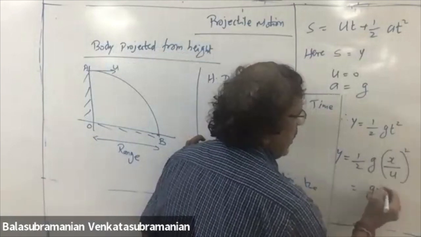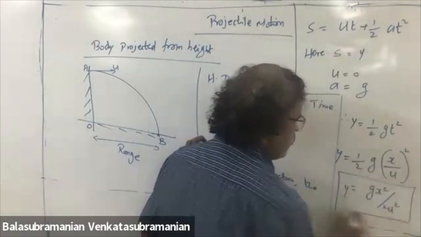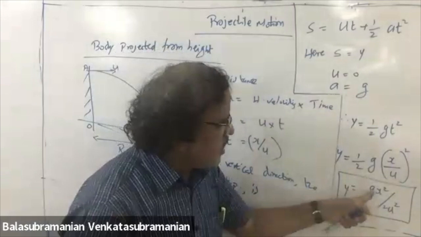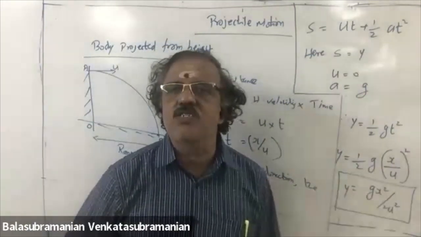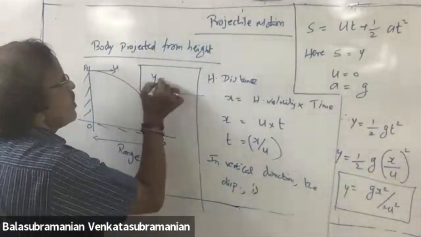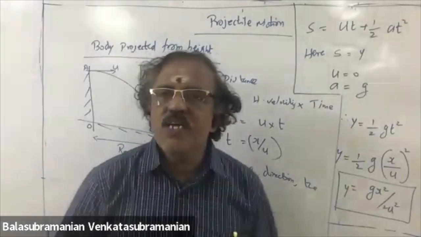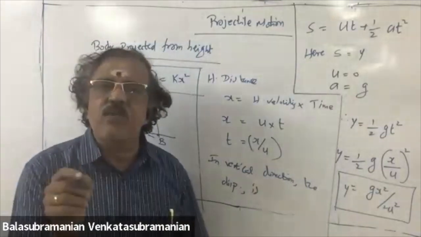So g x square by 2u square. g is constant, 2 is constant, initial velocity is constant. So I can write y is equal to kx square. y is equal to kx square represents equation of a parabola.